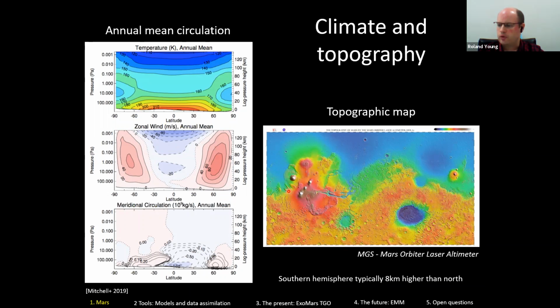We have here four mountains. These are the tallest. One of them is the tallest mountain in the solar system, Olympus Mons, and these are all ancient volcanoes. And we also have the Valles Marineris, just to the east, which is an extremely large and very long canyon.